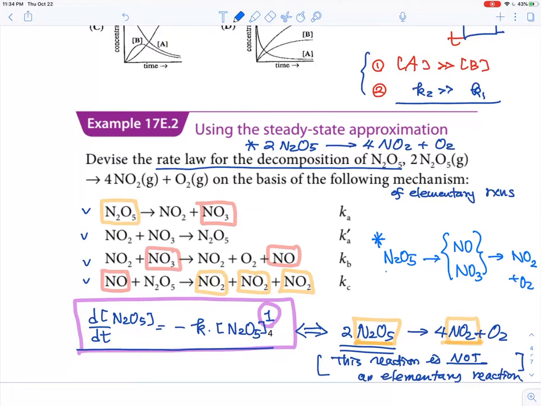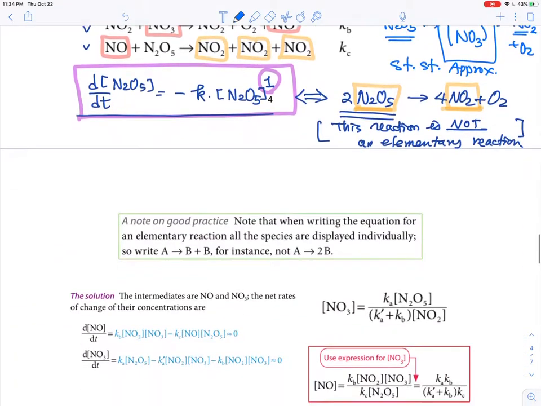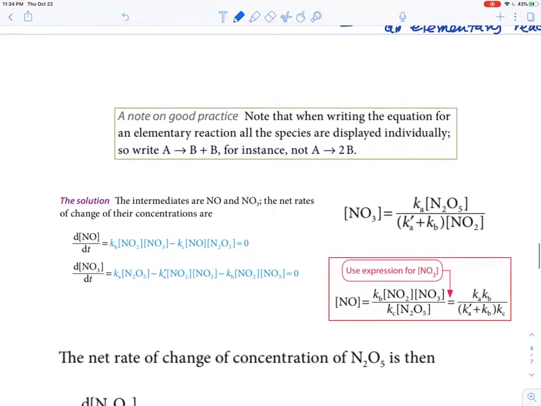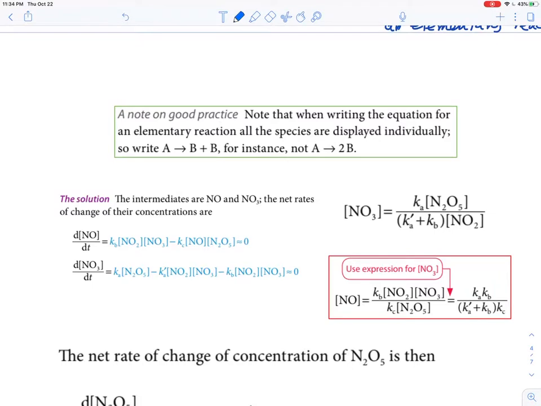But as far as the concern, those are the intermediates, and I am going to assume the steady state approximation for the intermediates that show up here. So these are the intermediates, NO and NO3, and their concentration change is 0.